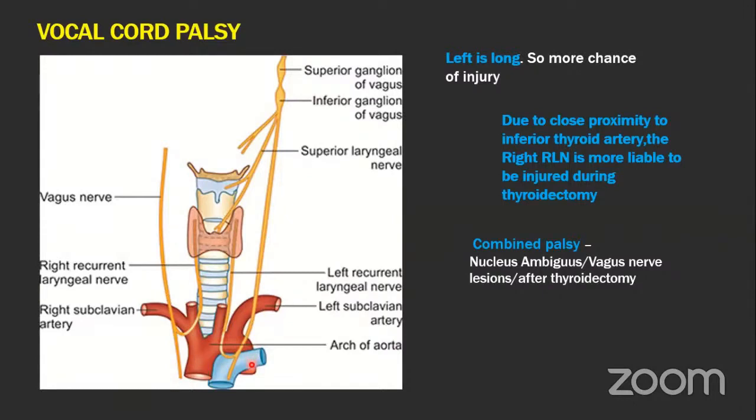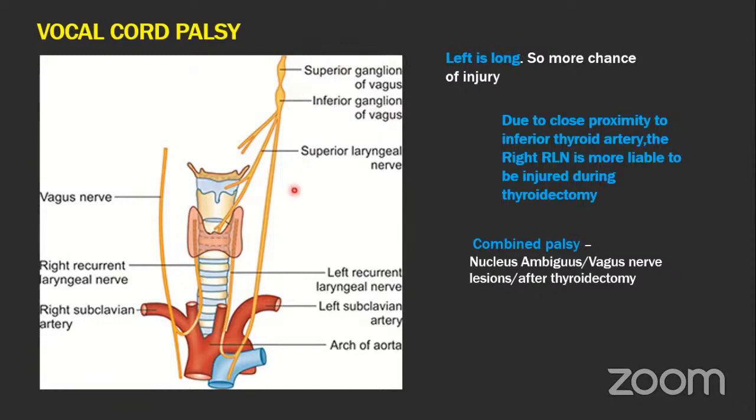Okay. Superior laryngeal nerve, this is regarding the recurrent laryngeal nerve, and the superior laryngeal nerve, on the other hand, arises from which ganglion? Inferior ganglion of the vagus nerve, just below the skull base. It descends on the side wall of pharynx.